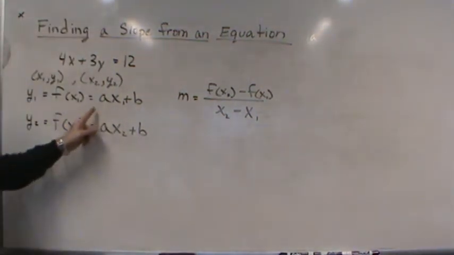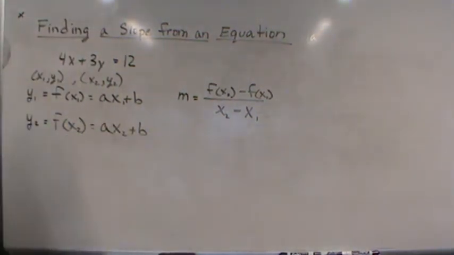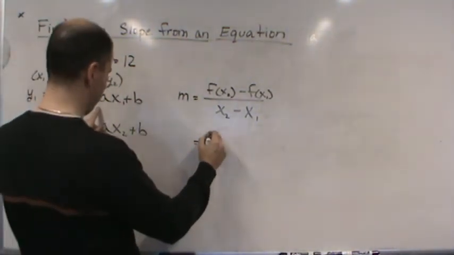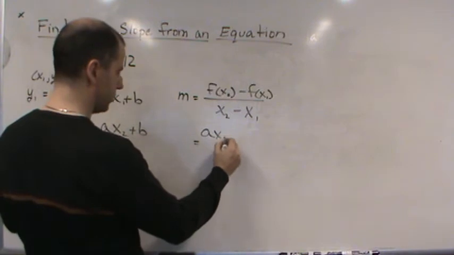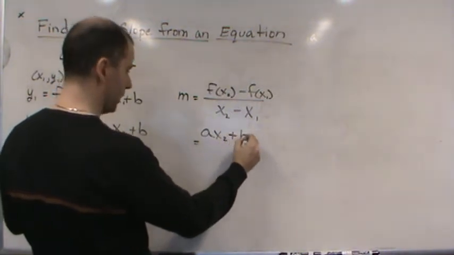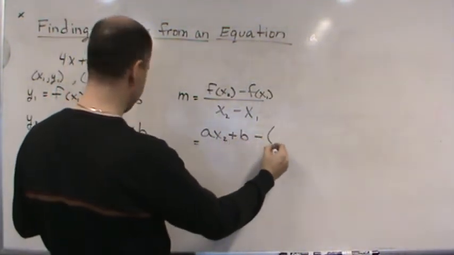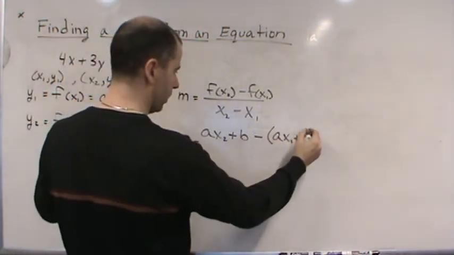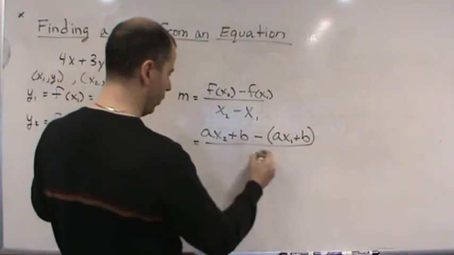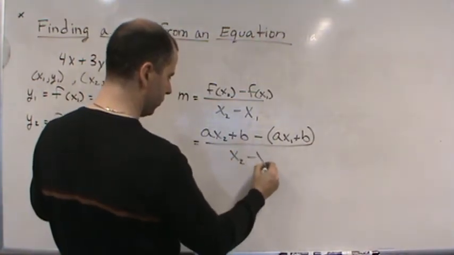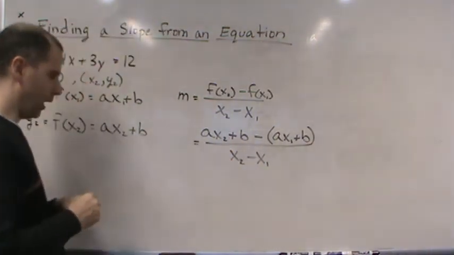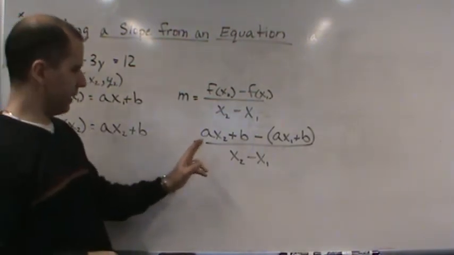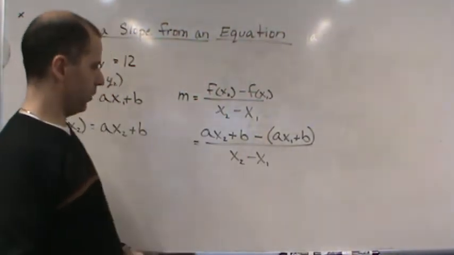Now if I just plug in these two values into the formula, what do I get? I get ax2 plus b minus ax1 plus b over x2 minus x1. So now all I did was substitute in for these variables.